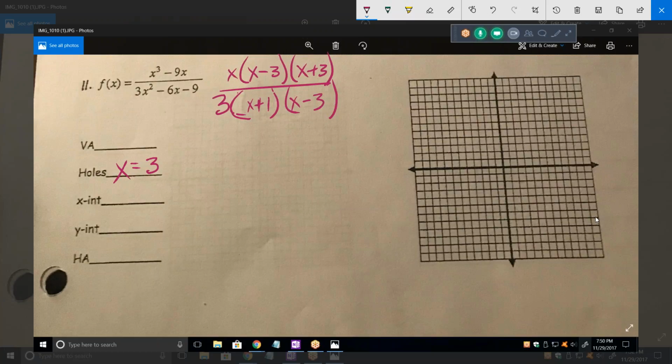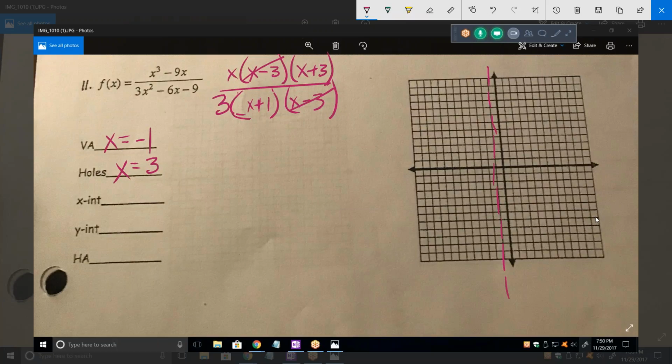Okay. Where is the vertical asymptote? So the vertical asymptote would be at -1. What other kind of asymptotes do we have here?